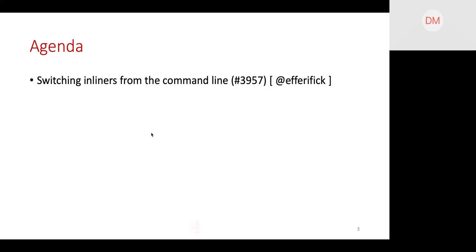Do you already have an implementation of select inliner? I have an implementation for select inliner, but I have it for the third option, which is we just create an inlining pass that replaces all other inlining passes. Sorry, let me rephrase that. That replaces the trivial inlining and the inlining passes, but does not replace the targeted inlining pass.